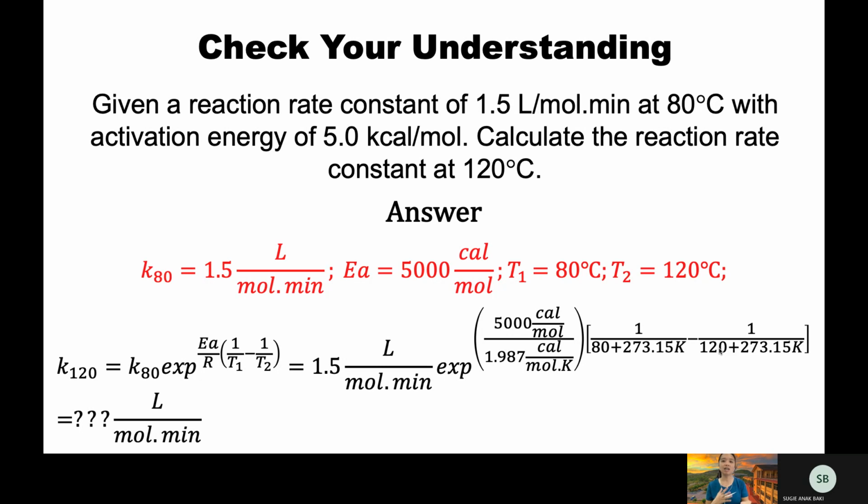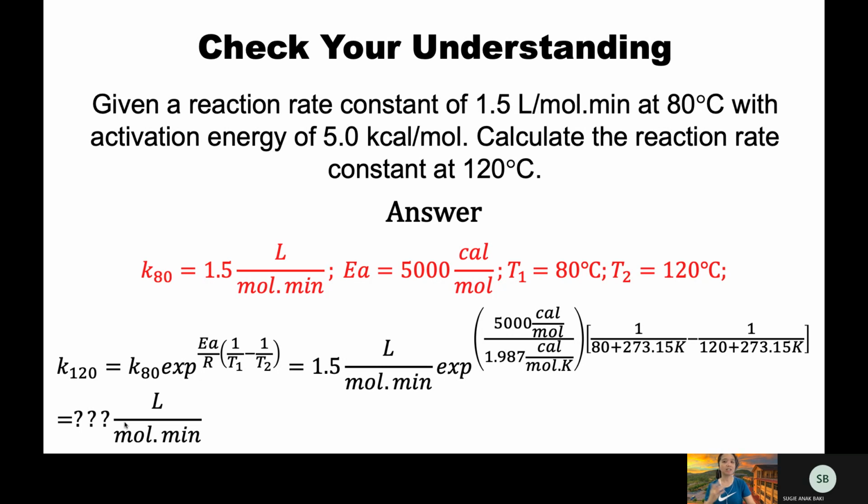So the T2 is 120 Celsius plus 273.15 to get Kelvin, the second temperature. So you solve this, you will get the K for the new temperature. So again, I didn't solve the final answer. Later when you have time, you can try to solve the final answer to obtain your value of K.